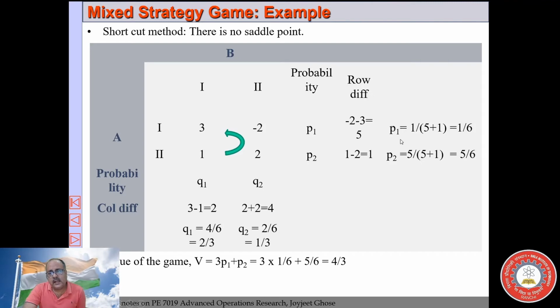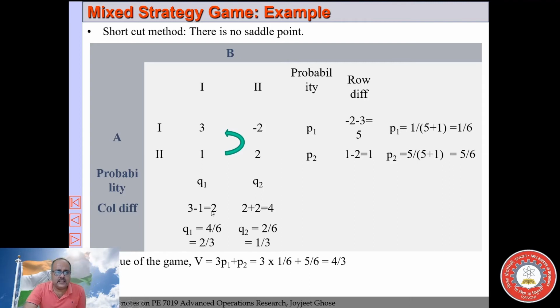So this row difference I'll put here, divided by the summation of these 2 row differences, that is 5 plus 1. So P1 equals 1 by 5 plus 1 equals 1 by 6. And similarly vice versa, 5 will come here and the summation is this one, so 5 by 6. If it is 1 by 6, obviously this will be 5 by 6, because 1 minus 1 by 6 gives 5 by 6.